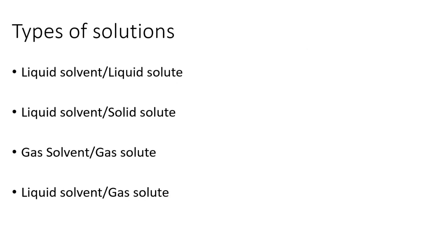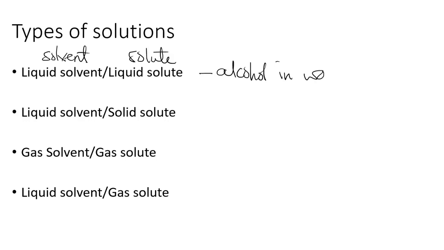Now, in terms of solutions, we have several types of solutions. So we look at them and say, what is the solvent? What is the solute? The first type of solution is liquid solvent, liquid solute. An example for this is alcohol in water.